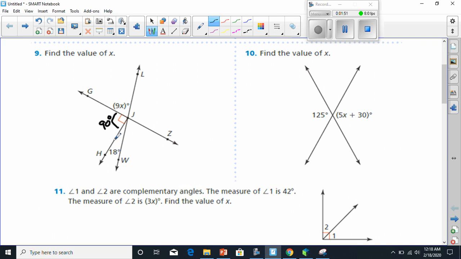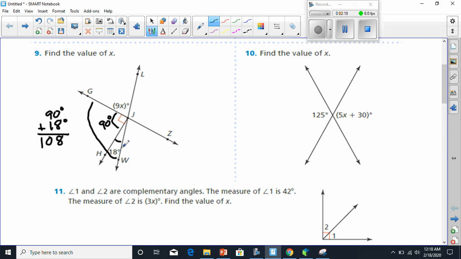We also know that this angle here is 18 degrees. So we can say this entire piece here, angle GJW, is going to be 90 plus 18, and that's going to give us 108.